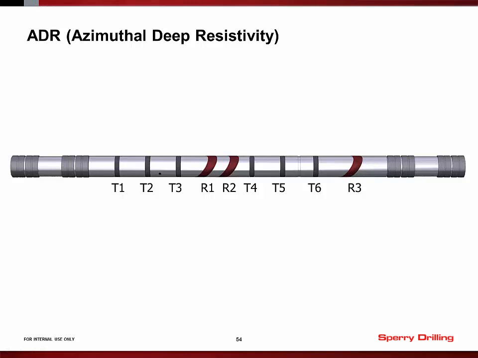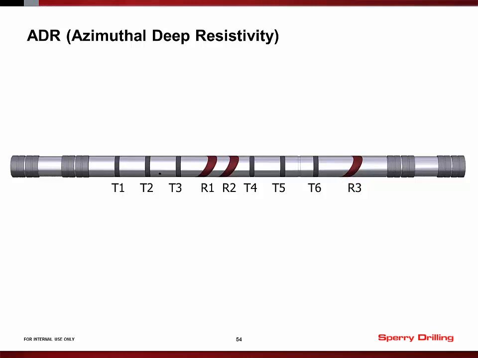It's not a resistivity measurement, and it's a little bit complicated as to exactly what a geosignal means, but one way to think about it would be that it's simply a measure of the phase or amplitude of a single signal from one of the transmitters. And we compare the phase on one side of the tool with the phase on the other side, or the amplitude on one side versus the amplitude on the other side. We take the difference or the ratio between those and call that a geosignal.